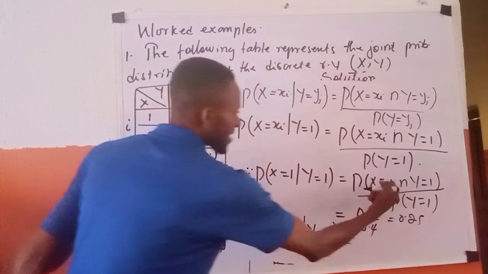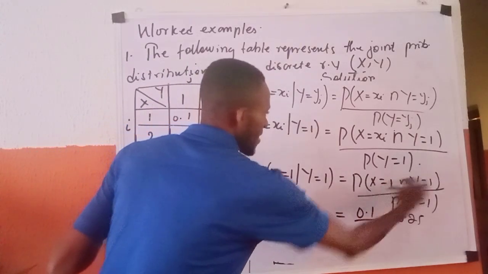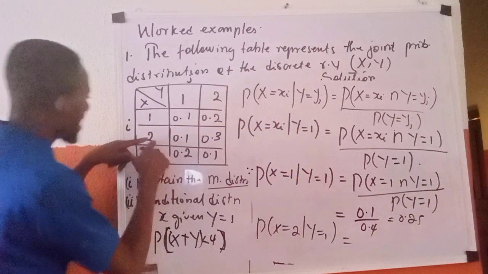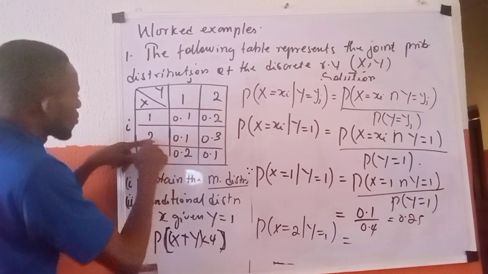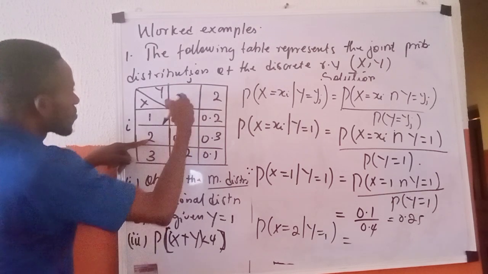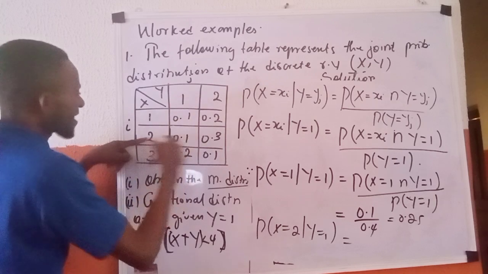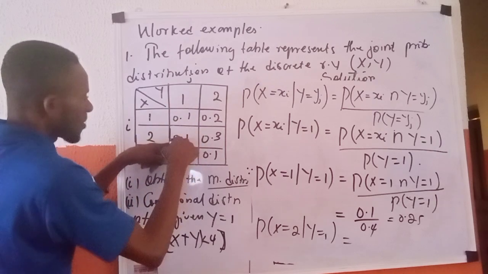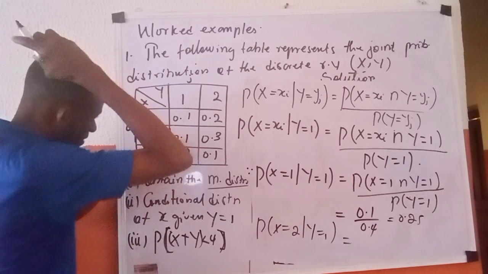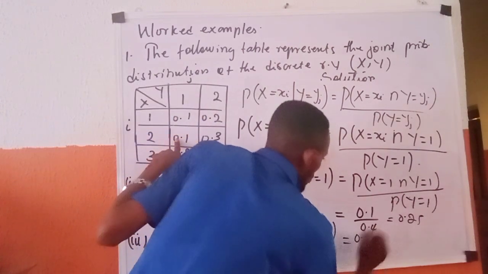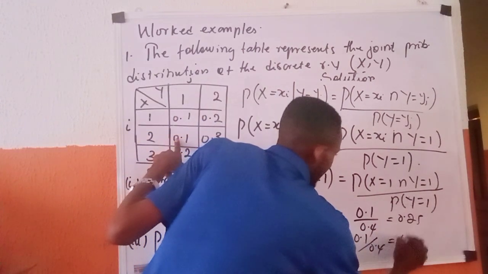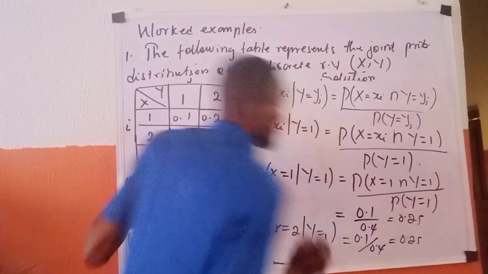The numerator here is going to be 2 here, and this one still remains 1. Here is my 2. Here is my 1. So when X is 2, look at it here. When Y is 1, look at it here. Where do they intersect? They intersect here. So the probability still remains 0.1. So I still have 0.1 all over 0.4, which I think is 0.25.